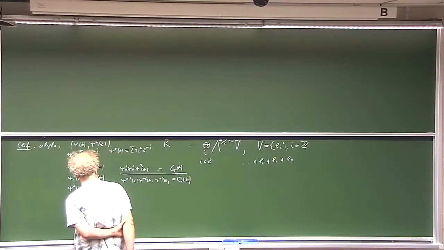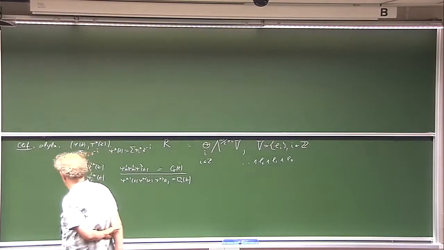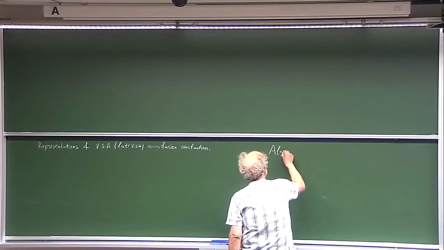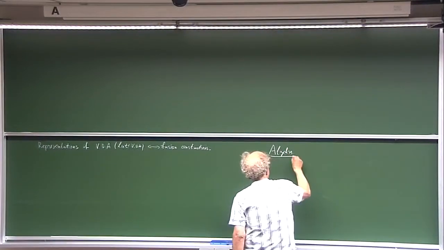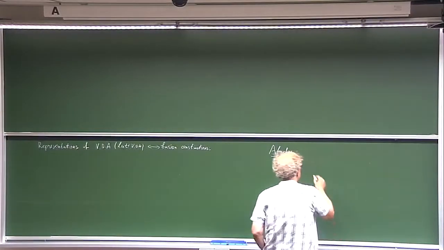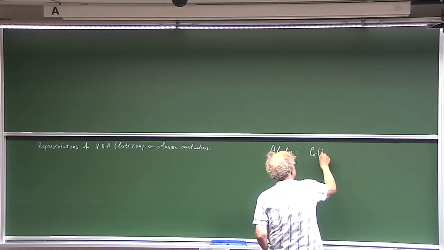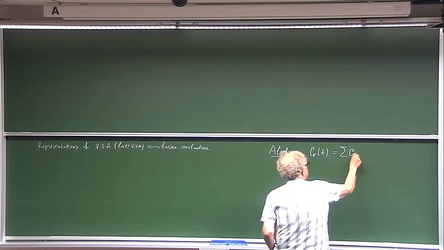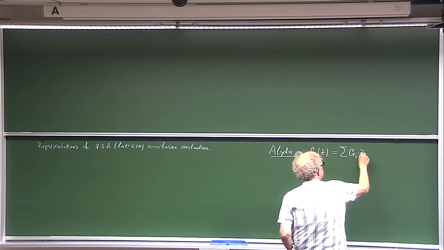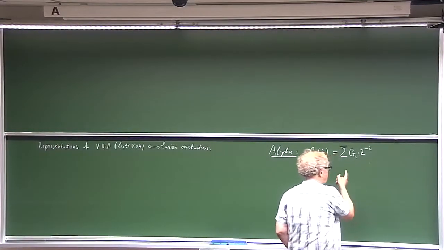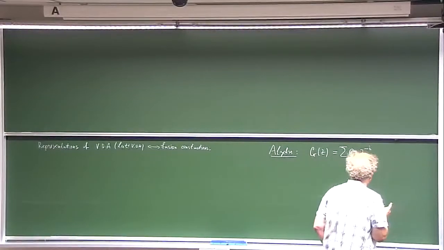So what is going on, as I said? We have some algebra with such generators, and let us consider G(z). G(z) is the sum of G_i z^(-i). What is G_i?